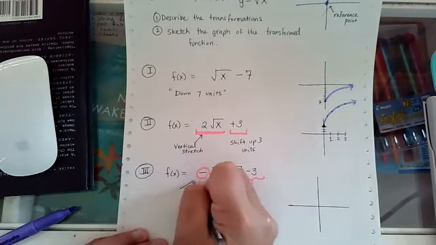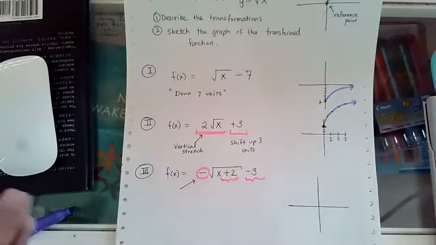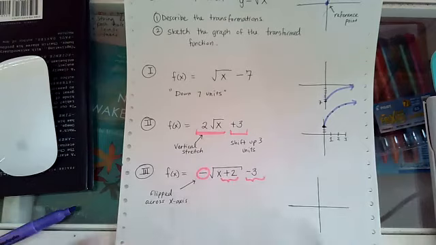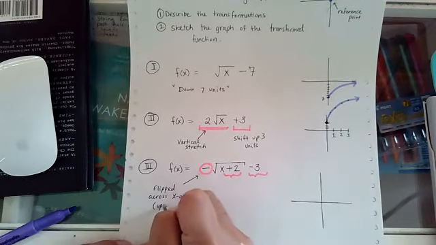So based on the rules, if I have a negative on the outside of the function, or the outside of the parentheses, or on the outside of the square root, whatever it is, this should be flipped across the x-axis. And there's a number of ways to describe this, right? I think the easiest way to think about it is flipping it upside down.